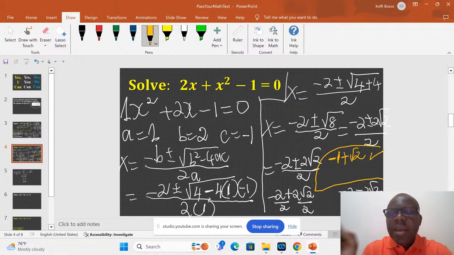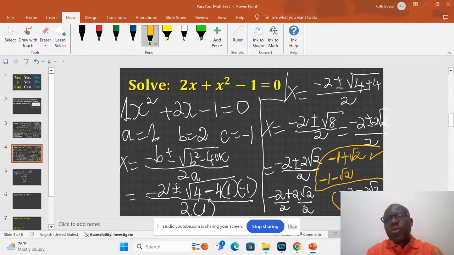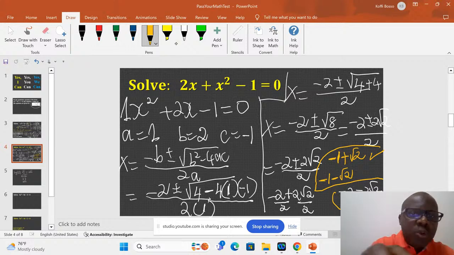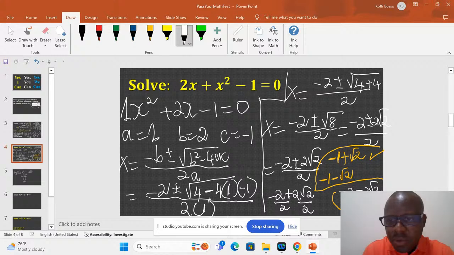The second solution is again negative 1, because negative 2 divided by 2 is negative 1, and negative 2 square root of 2 divided by 2 is negative square root of 2. So one solution is negative 1 plus square root of 2, and the other is negative 1 minus square root of 2.